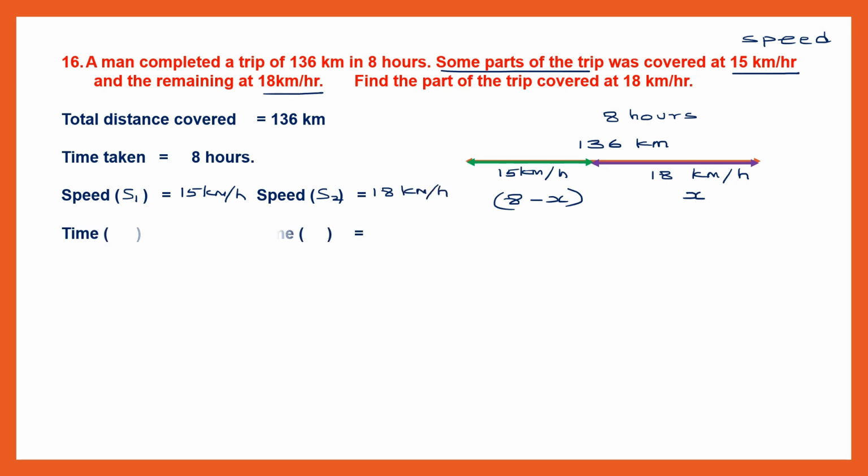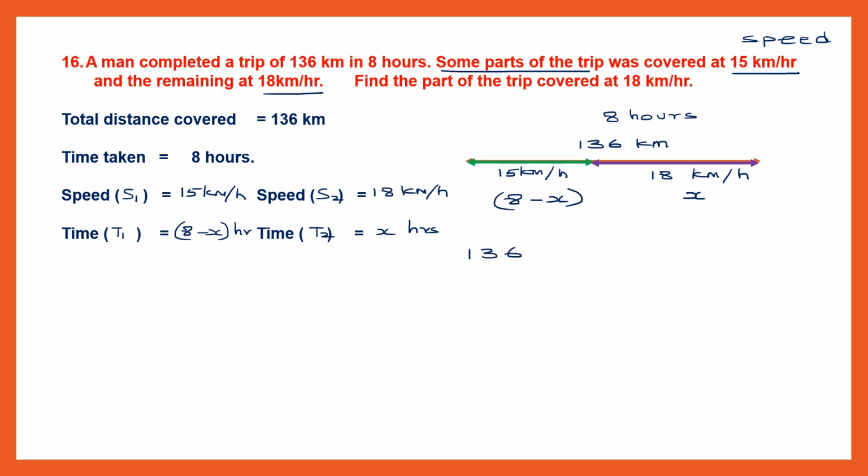Similarly, time 1 is 8 minus x hours, and time 2 is x hours. We are going to add up this distance and this distance, which gives 136 kilometers, and from that we can get x.